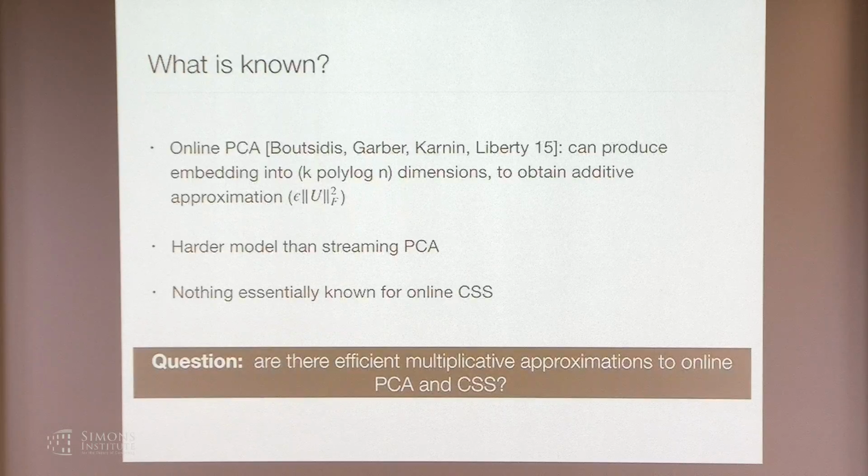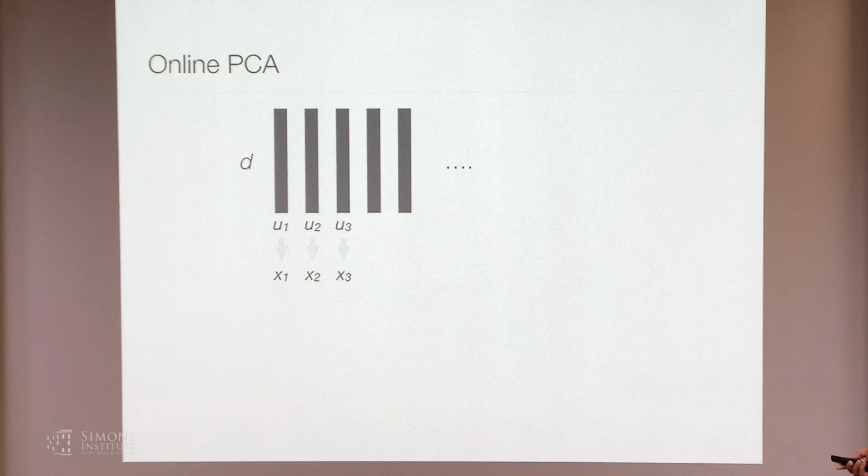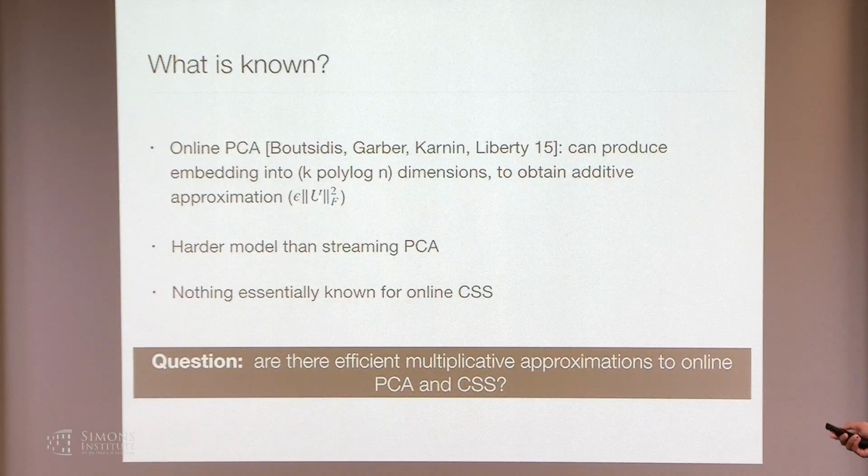So what is known about this problem? It was defined by Boutsidis, Garber, Karnin, and Liberty in 2015. They showed that you can produce an embedding into k times polylog n dimensional space, so each of these x vectors has dimension roughly k polylog n, and you obtain an additive error of epsilon times the Frobenius norm of the original matrix.